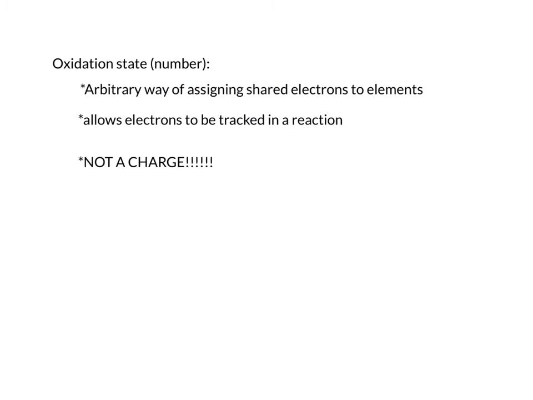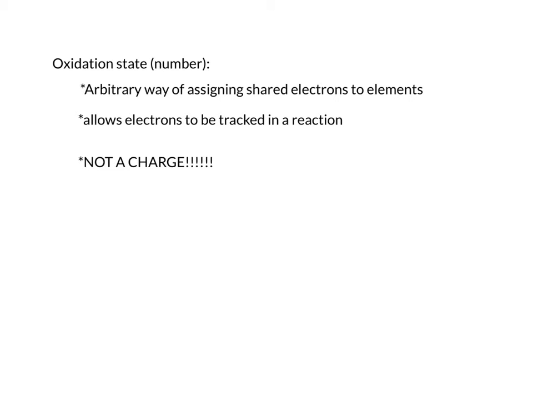The way that we do that is by assigning something called an oxidation state or an oxidation number to all elements present in a compound or in a reaction. Oxidation states are an arbitrary way of assigning shared electrons to elements. Basically, we're taking these shared electrons and arbitrarily but consistently assigning them to particular atoms in compounds, which allows us to track electrons.